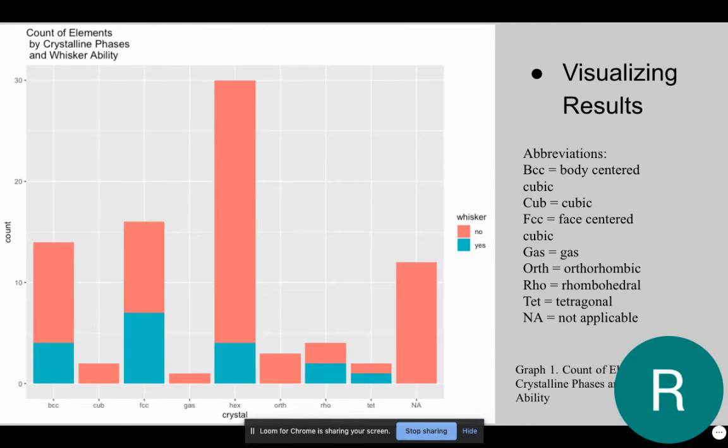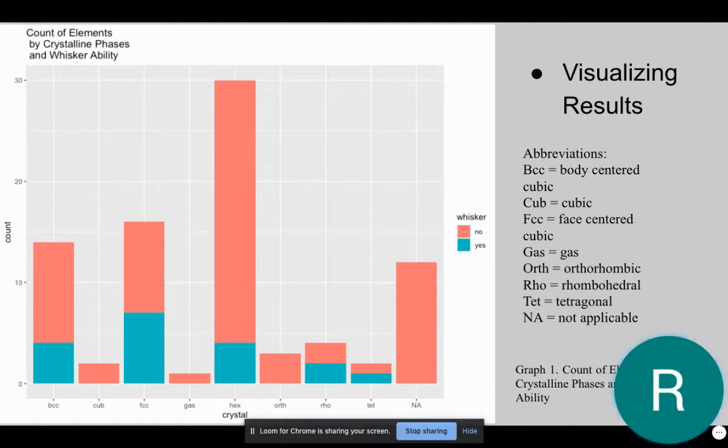Not every element has a crystalline phase. So we can see, in a green-blue, the elements that whisker in their crystalline phase, and then the elements that don't whisker in their crystalline phase.